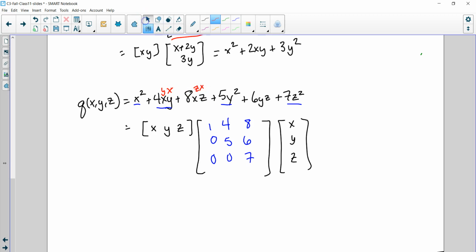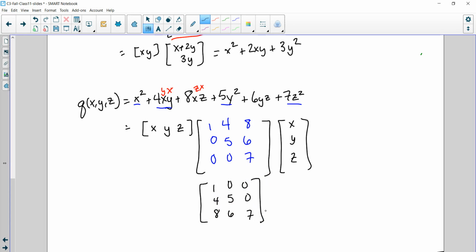That is to say, you could instead have had a lower triangular matrix. You could still have the diagonal elements as 1, 5, and 7, and now you'd have zeros above, and you could also say this is 4 and 8 and 6 like that.